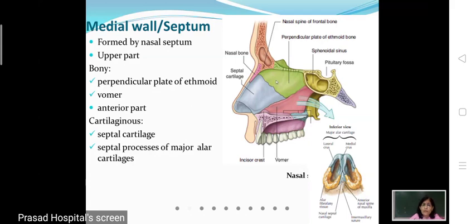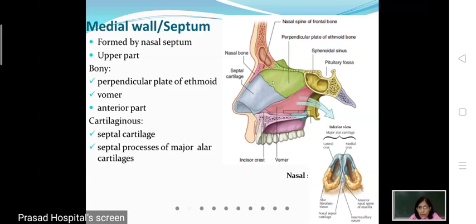So the bony part of the nasal septum is formed by the perpendicular plate of ethmoid posterior-superiorly and vomer bone posterior-inferiorly. This pink colored is vomer. These are the two main bones, perpendicular plate of ethmoid and vomer, which form the nasal septum.